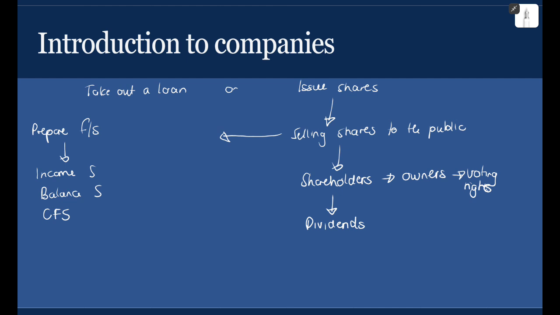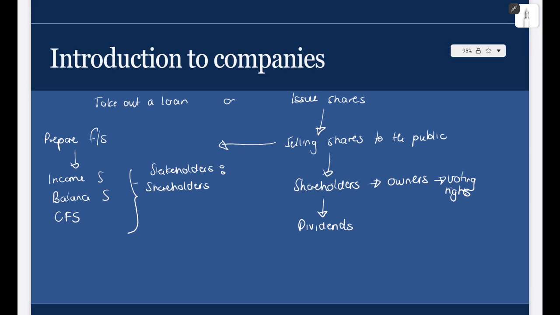Okay, so now what we need to understand is what are these statements used for, or who uses these statements? So the people that use these statements, it's stakeholders, right? Who are stakeholders? Stakeholders are your shareholders, number one, because they want to see, remember, what do these statements do?